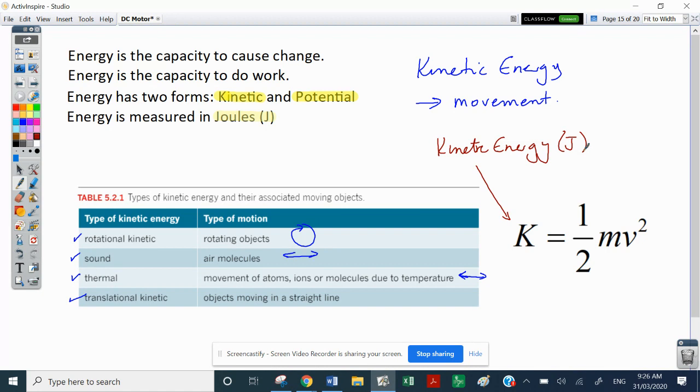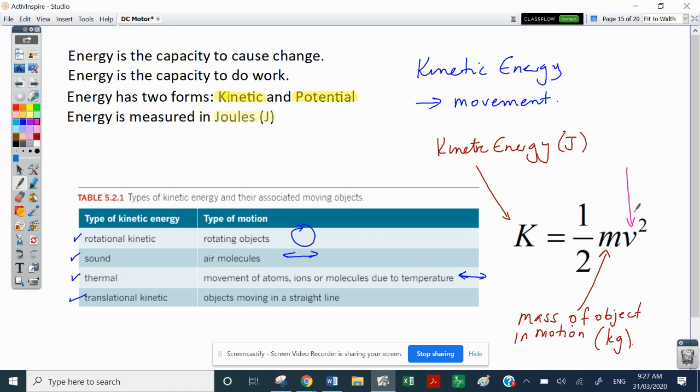It is only measured in joules if the following conditions are met, that it's a half times this m, and the m here is the mass of the object in motion. Okay, and that must be measured in kilograms. If it's not measured in kilograms, then we can't measure kinetic energy in joules. The other thing here is velocity or speed.